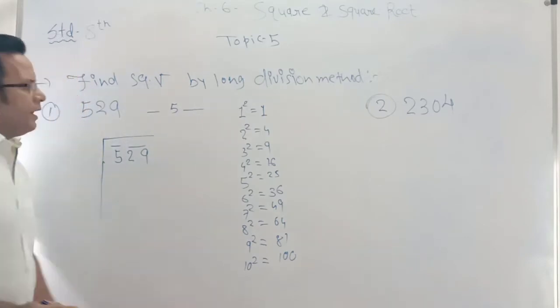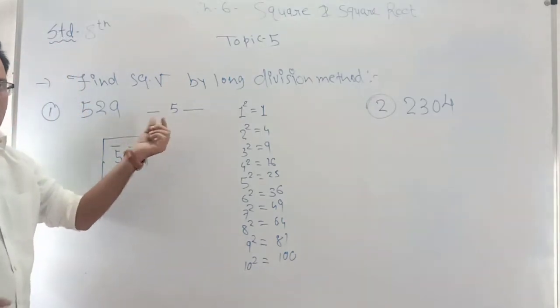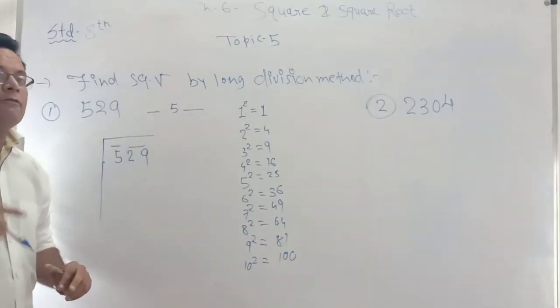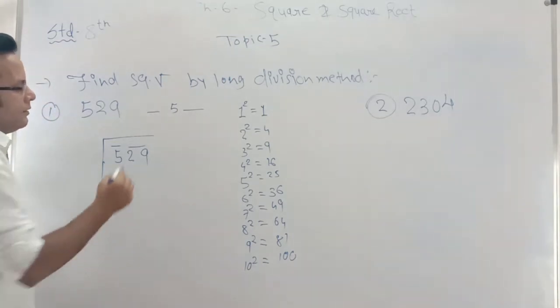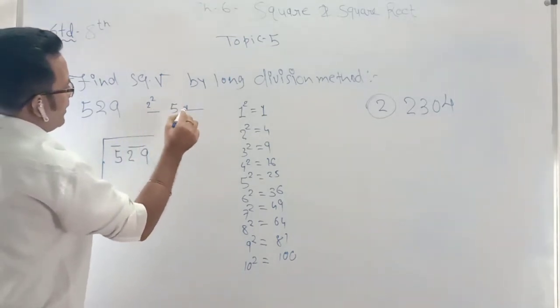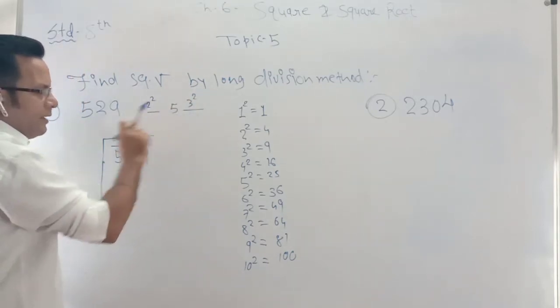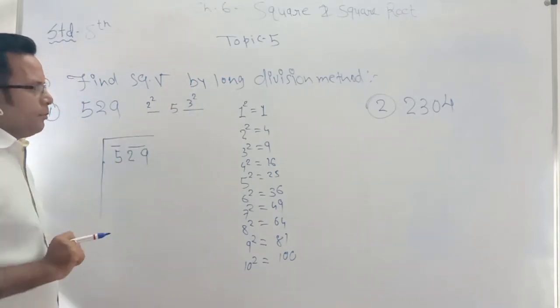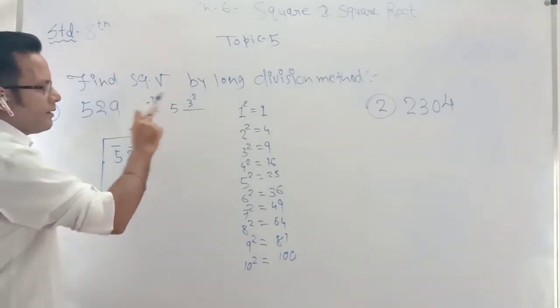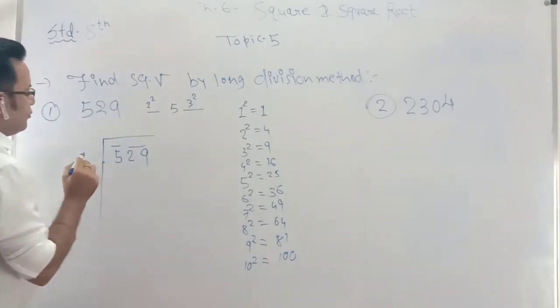Now you see that 5 comes between the squares of which 2 numbers? So it will be 2 square and 3 square. But as 5 is smaller than 3 square, what will you take? 2 square.